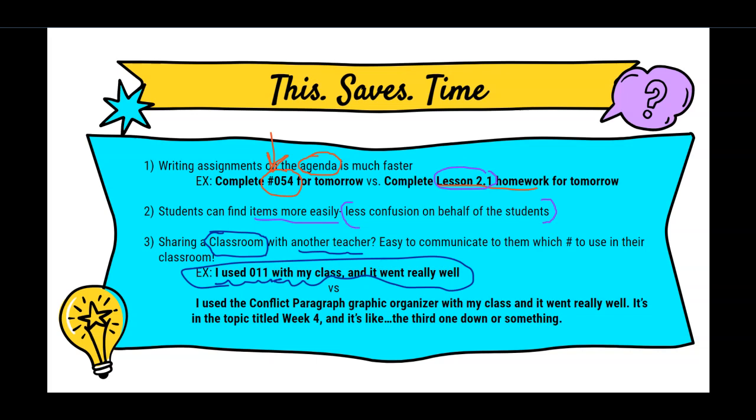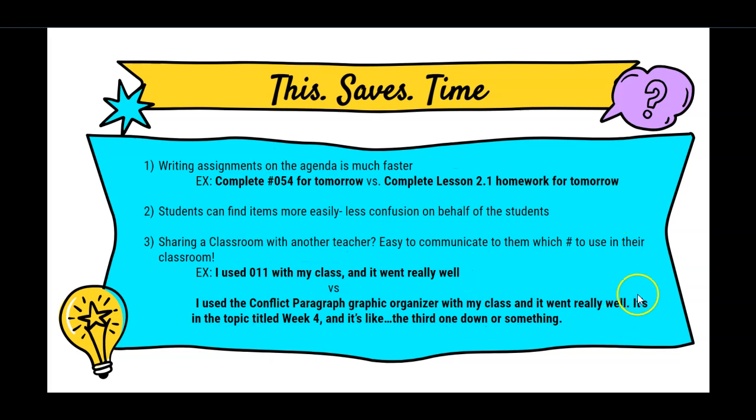As opposed to, oh, I used the conflict paragraph graphic organizer with my class, it went really well. It's in the topic, so now I have to list the topic. It's in week 4, and then I have to list what third one down, something like that. So the communication in general is way more extensive. It's much more concise and to the point to use those numbers. So it's nice.